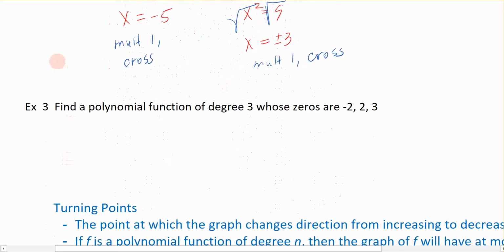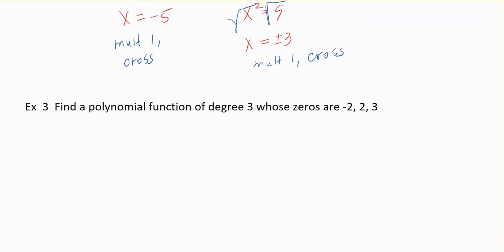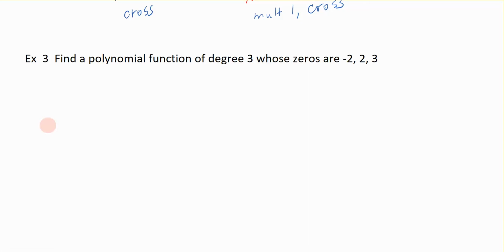Let's look at one more example together. Okay, let's see if we can go backwards. Here I want to form the polynomial if I already know what the zeros are that are given. Well, where do I start? I'm going to start by talking about these zeros.